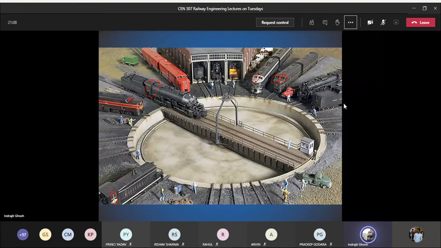Once they reach the terminal station, they will be taken to a place which is known as a turntable. On top of that they have a special kind of mechanism where you have a railway track. So the engine will come, then as the name says, turn, the table will turn, and they will be able to change the direction of the locomotive.